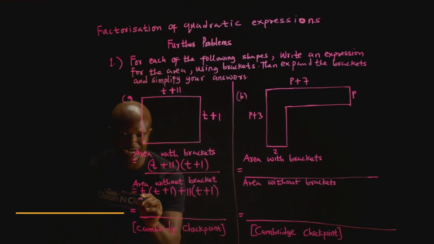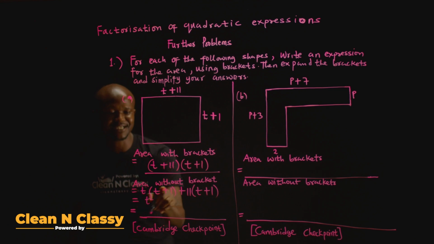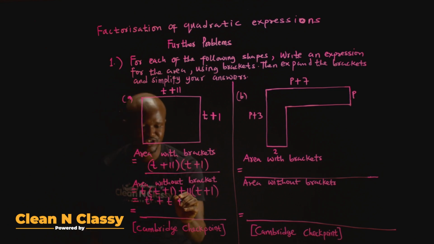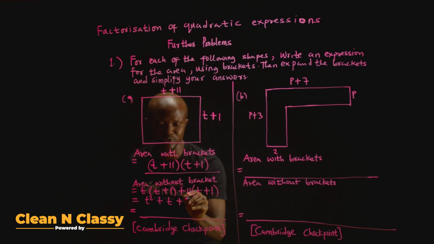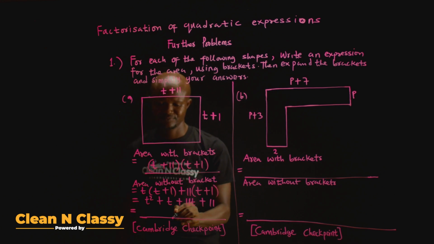Now, what do we have? t times t, that is t squared. t times 1, we have t. Plus 11 times t, that's 11t. Now, 11 times 1, that is 11.